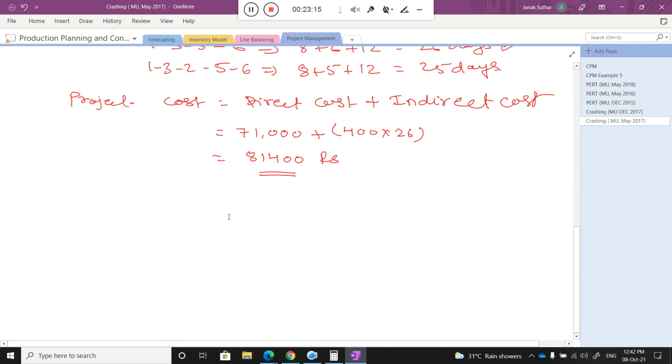The point is that you need to reduce the project time. And how will you reduce the project time? By reducing the critical activity, right? So I will first write down the critical activity, the cost slope of the critical activity.